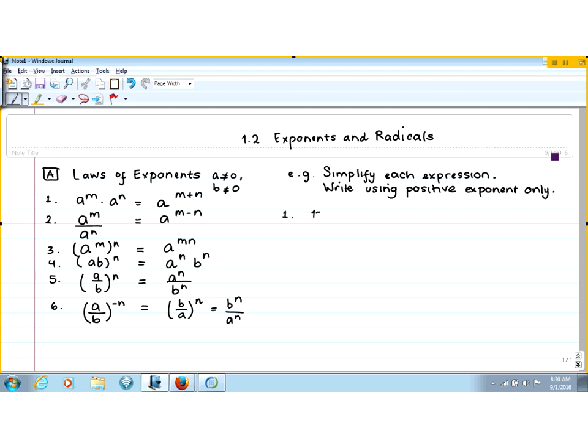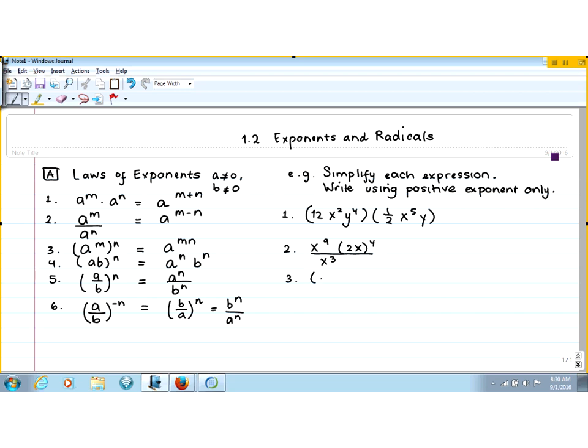All right, so number 1. 12x squared y to the 4 multiplied by half x to the 5th y. Number 2. x to the 9th times 2x to the 4th divided by x cubed.